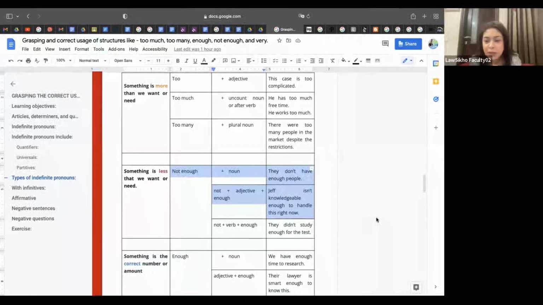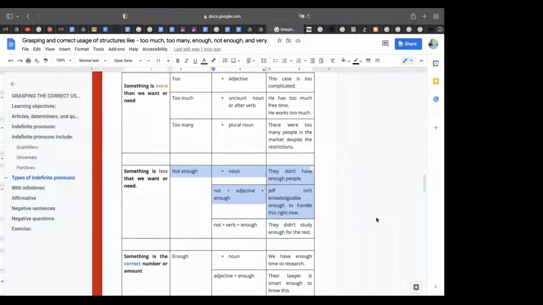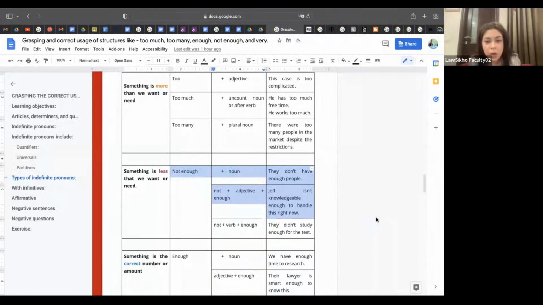What's the difference between very and too much? Where do we use too much? I think we use too much for uncountable nouns. Mm-hmm. And very in countable.